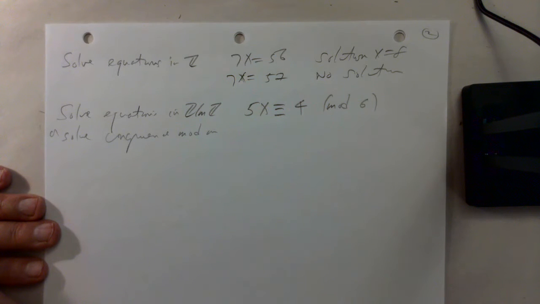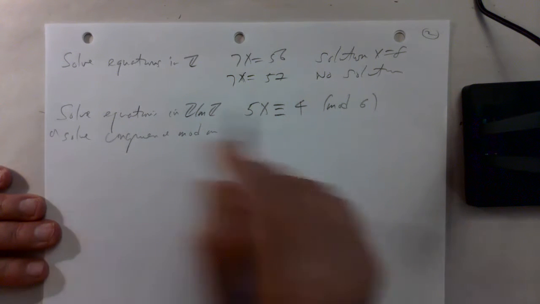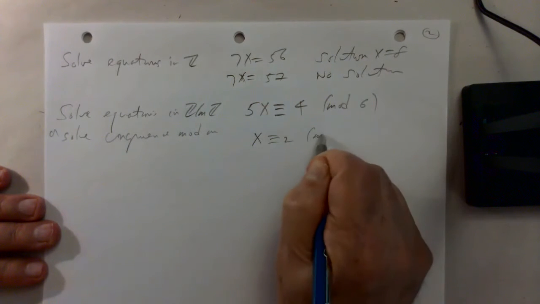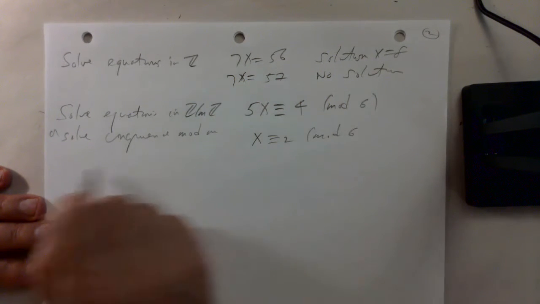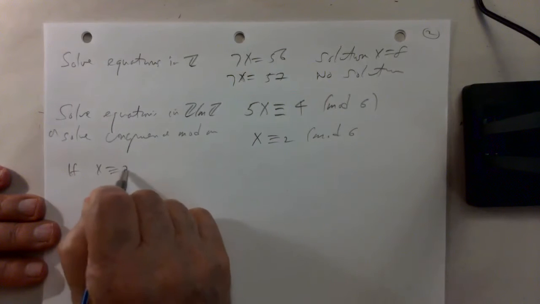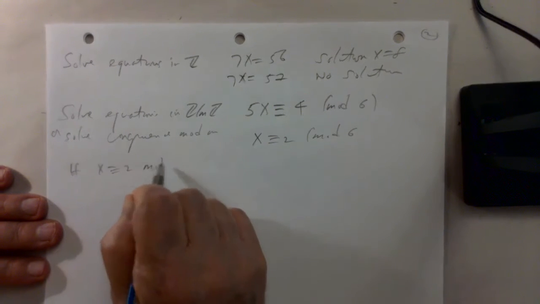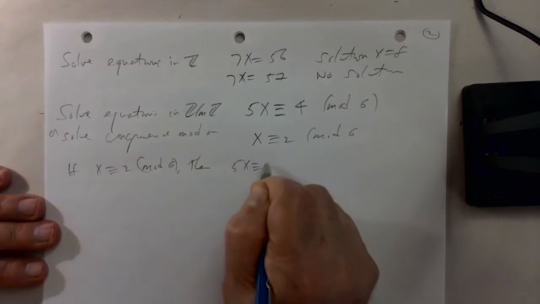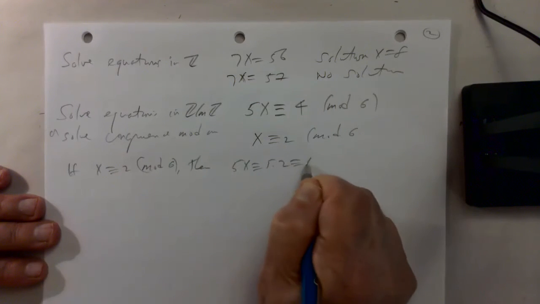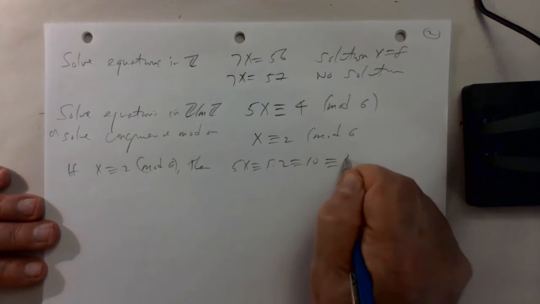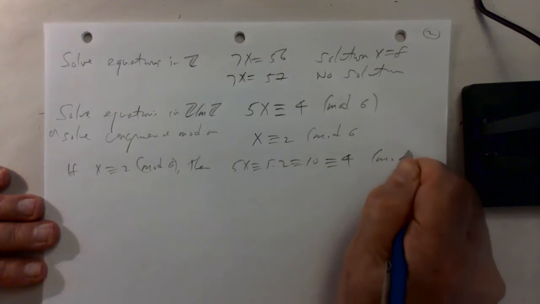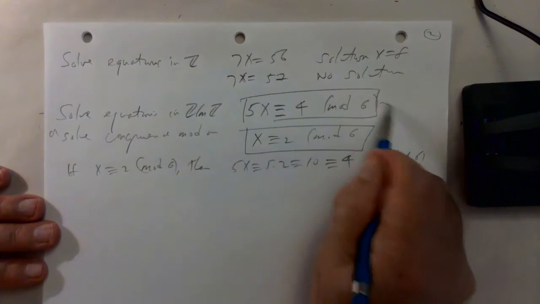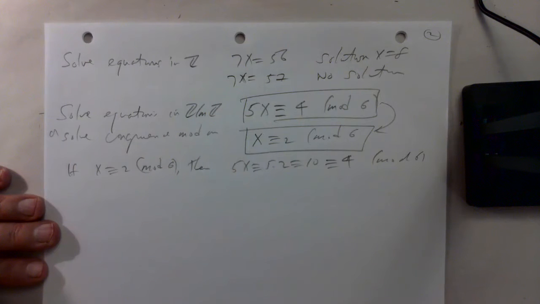Well, any integer which is congruent to 2 mod 6, because if x is congruent to 2 mod 6, then 5x is 5 times 2, which is 10, and 10 is congruent to 4 mod 6. So for this equation, you get this solution.